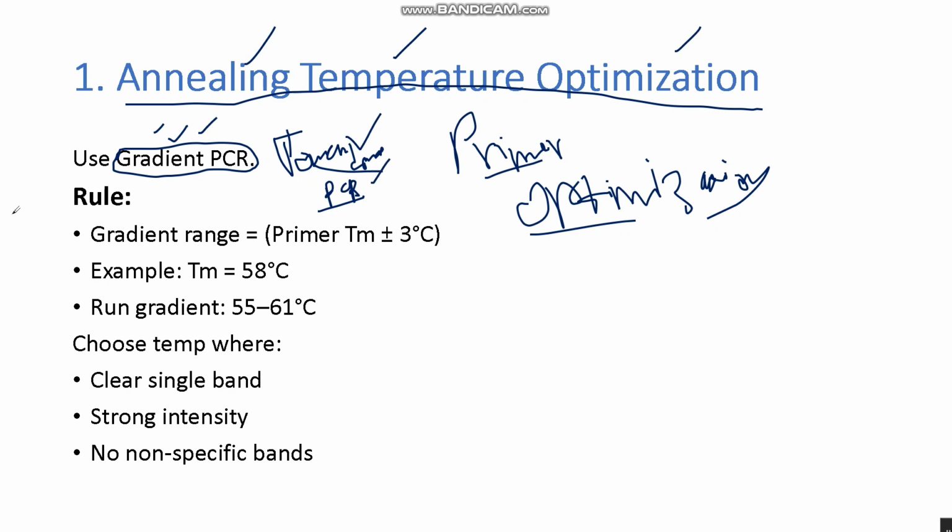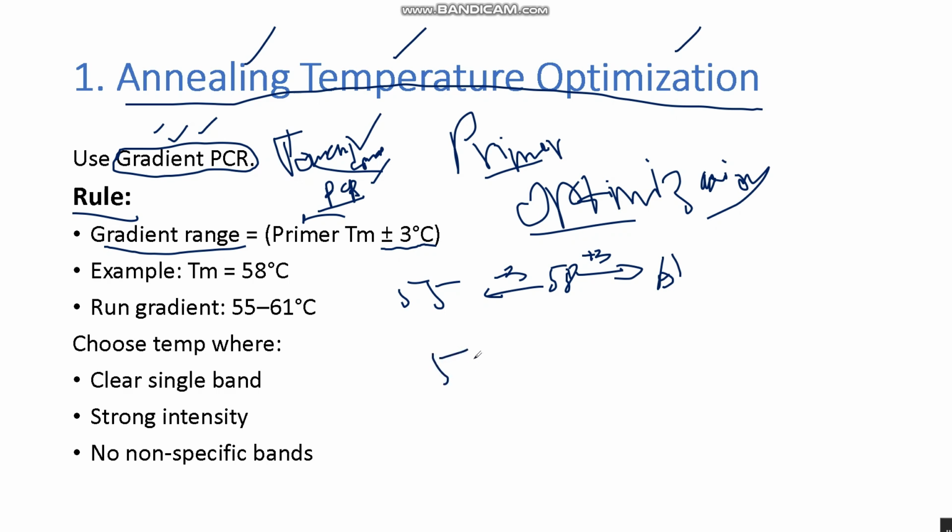So, what are the rules for annealing temperature optimization? First of all, the gradient range. The gradient range must be plus minus 3 from the primer Tm. For example, if the primer Tm is 58, then minus 3 is 55 and plus 3 is 61, so the range must be 55 to 61.